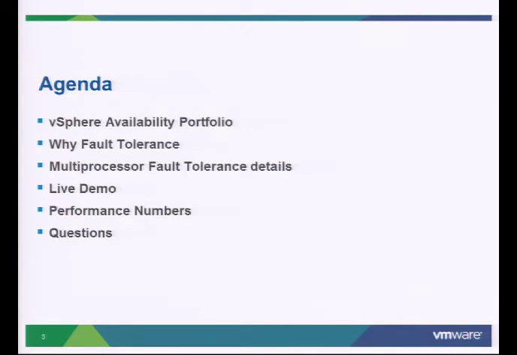Essentially, we'll distinguish between uniprocessor fault tolerance versus multiprocessor fault tolerance. We'll look at the architectures of these two products or features, and we'll see how they are different. We have a live demo for you, and it's going to be something interesting. Followed by that, we'll have some more data about the performance numbers, again, as of what the product is today. And finally, we'll have some time for question and answers.